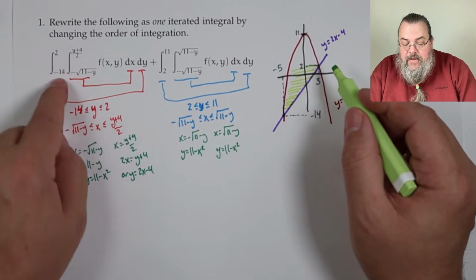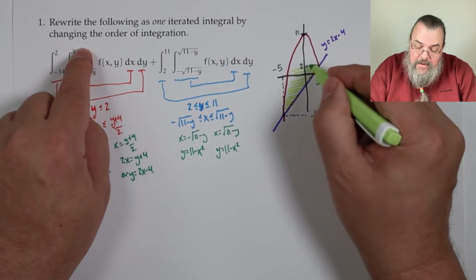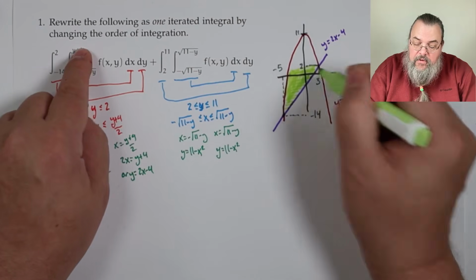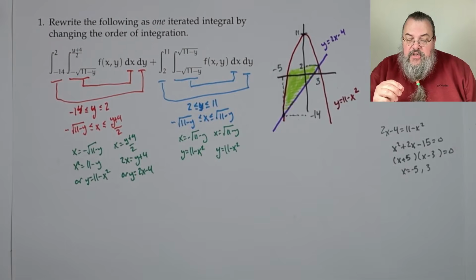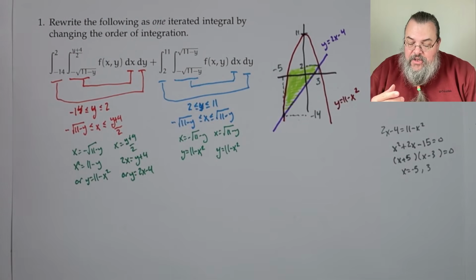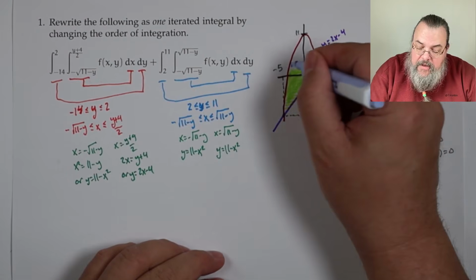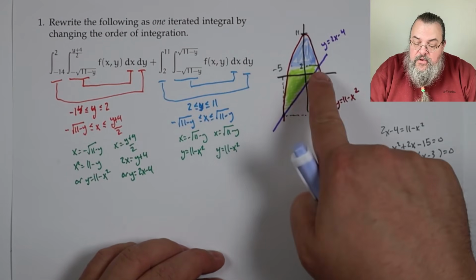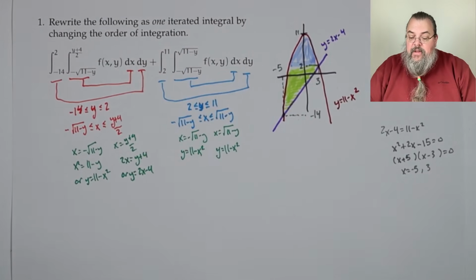So that's why you have -14 to 2, left side of parabola over to line. But at y equals 2, the behavior changes. When I say the behavior changes, the bounding line changes. So now we're going from left side of parabola to right side of parabola, and that's from 2 up to 11. So 2 to 11, left side to right side.